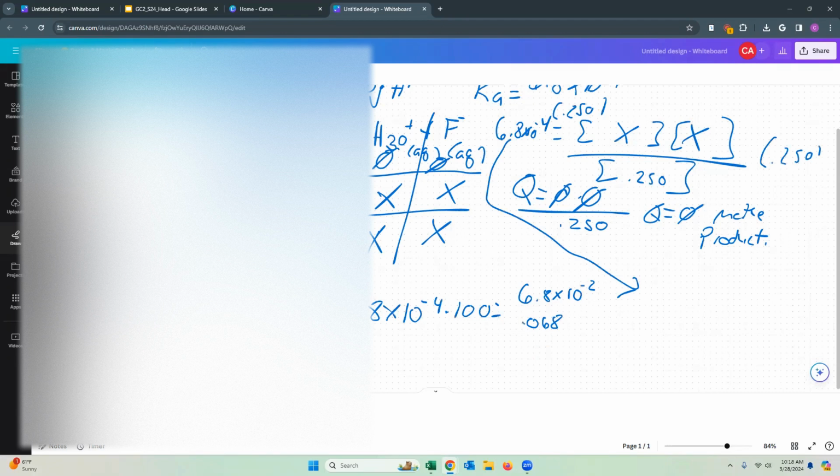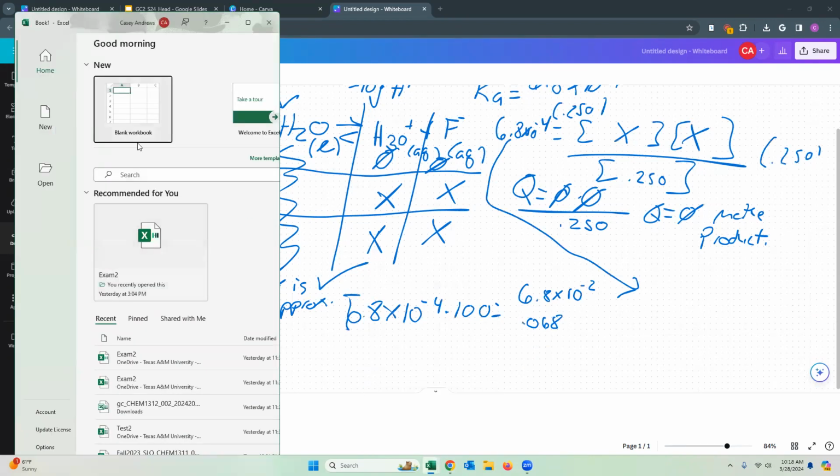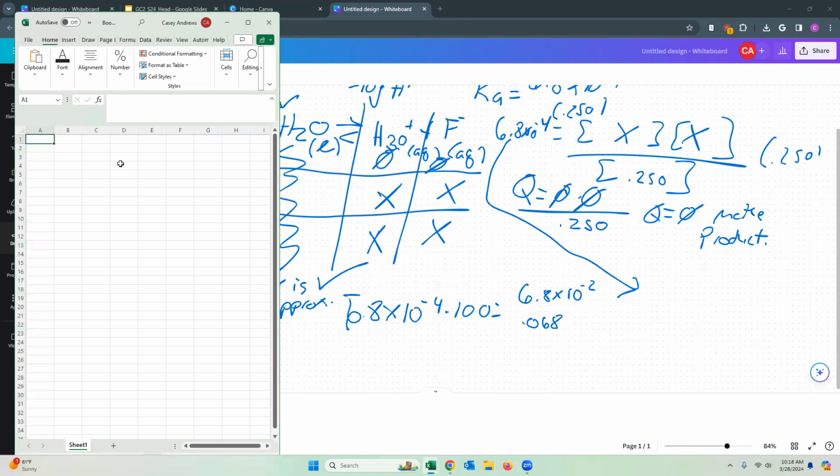So let's do our calculator. All right. So we have 6.8 times 10 to the minus 4 times 0.250, 0.00017.